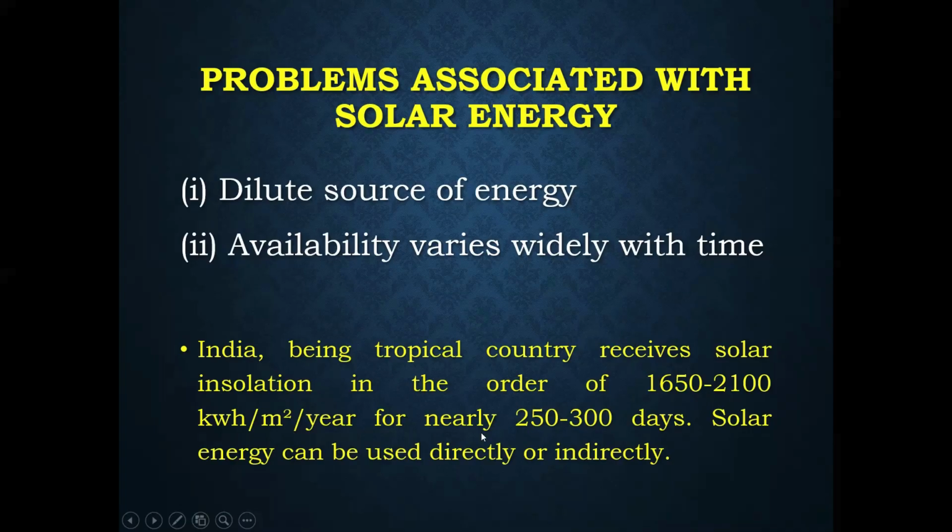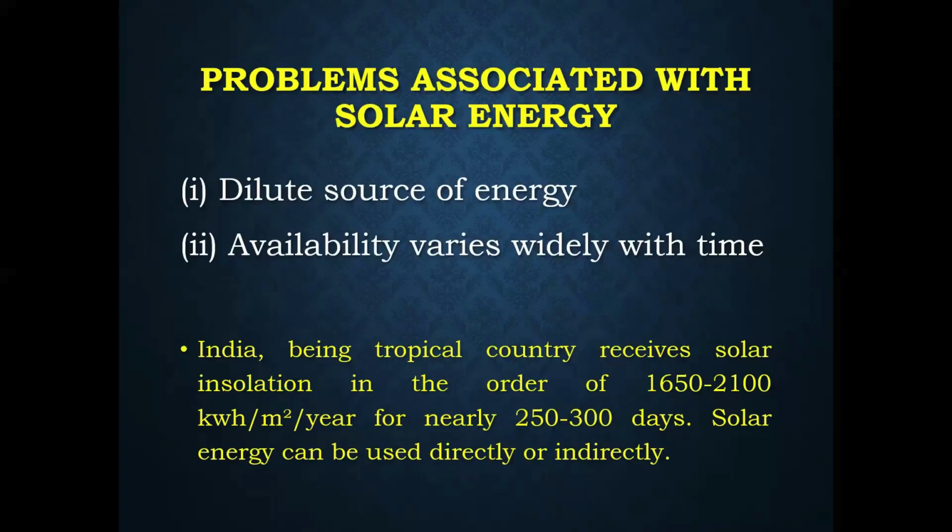The solar radiation is available for 250 to 300 days of a year; the rest they consider rainy days or snowfall and so on. So if they calculate effective days in a year, that is 250 to 300. How much energy can be generated? It is 1650 to 2100 kilowatt hour per meter square per year.